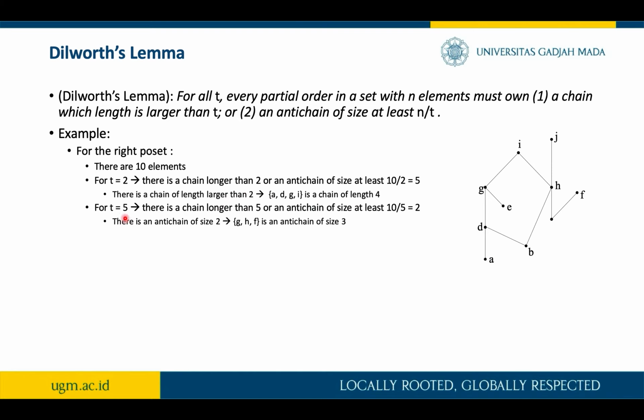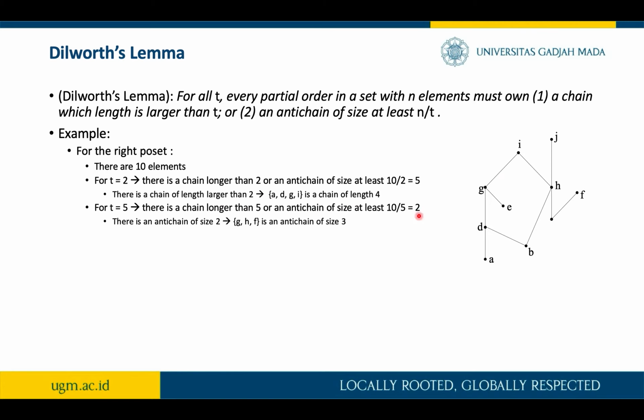Pick another value of T, T equals 5. Then there is a chain longer than 5, or an anti-chain of size at least 10 divided by 5, which equals 2. For this one, we cannot have a chain longer than 5, because the maximum length of the chain is 4. There is no chain longer than 5. But the second one is correct.